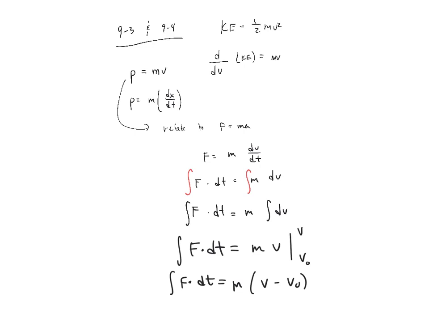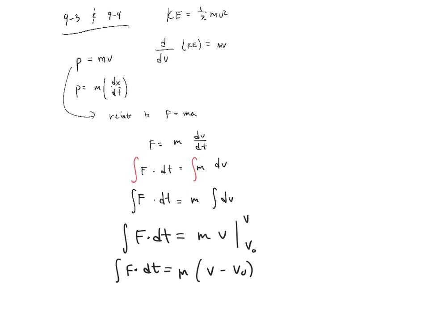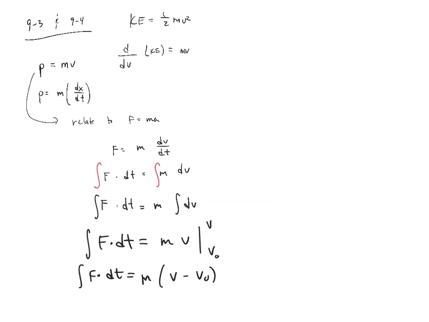What does this mean down here? m times v minus v0, m times delta v. So Chris, I saw your hand. Could you tell me, if it's m times delta v, what is that really? The change in momentum. Good.